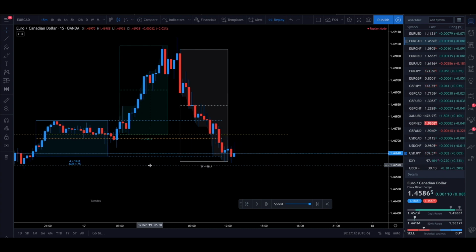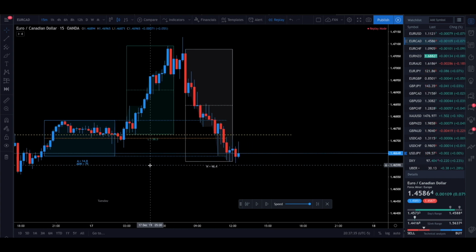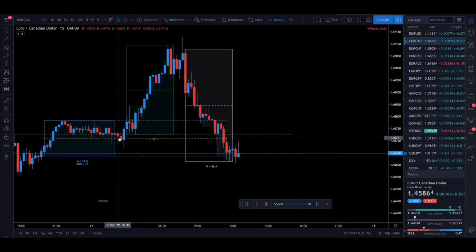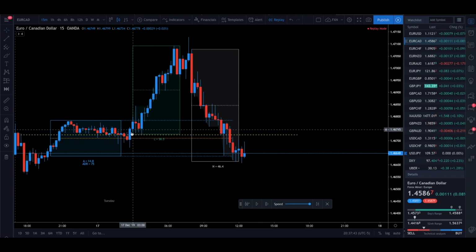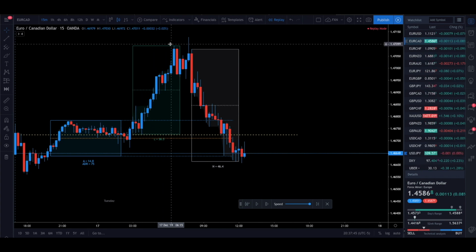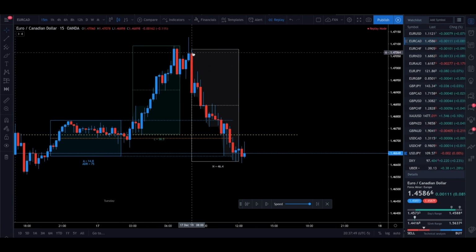Now, is this type 1 pattern valid? It is, right? It's a type 1 setup that's basically outside of the range, well, within let's say 15 to 50 pips. The first leg is in the London session. Second leg is essentially the beginning of the US session.